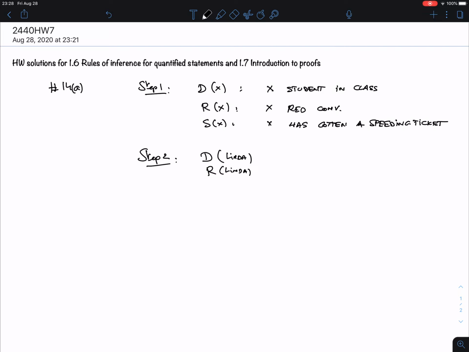But we have also a real quantified statement. Everyone who owns a red convertible has gotten at least one speeding ticket. English has many ways of quantifying, and everyone, every, all, any are clearly universal quantifiers. The best way to explore what it actually is, is to formulate the sentence in your own words in a different way.